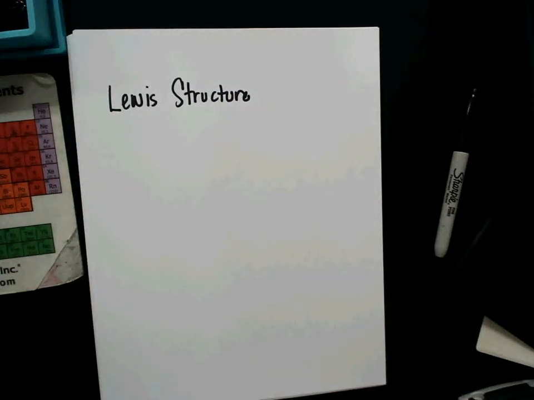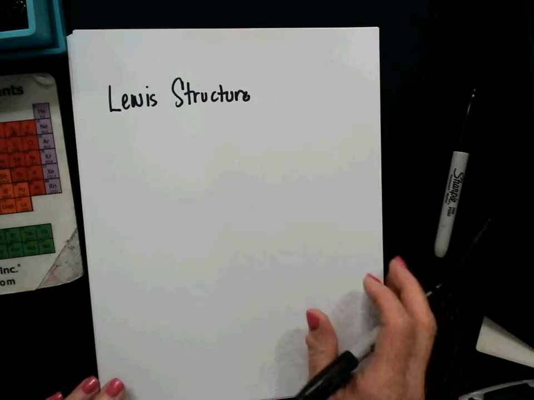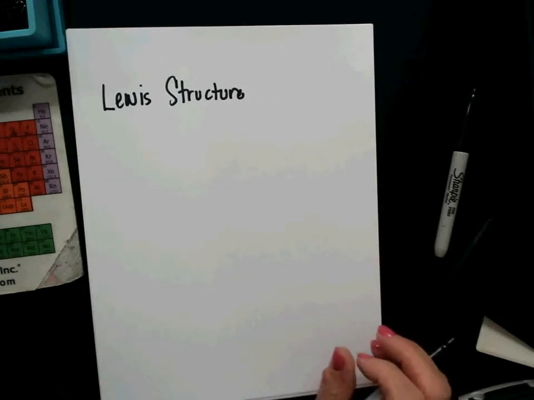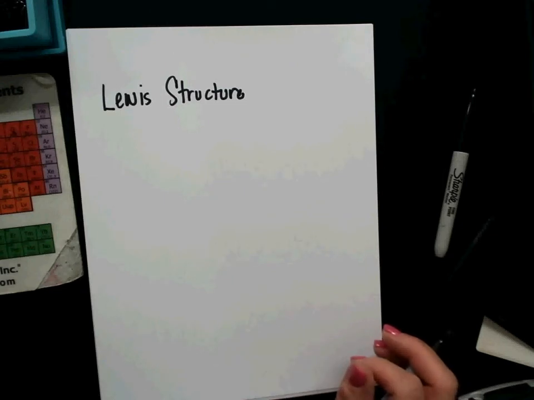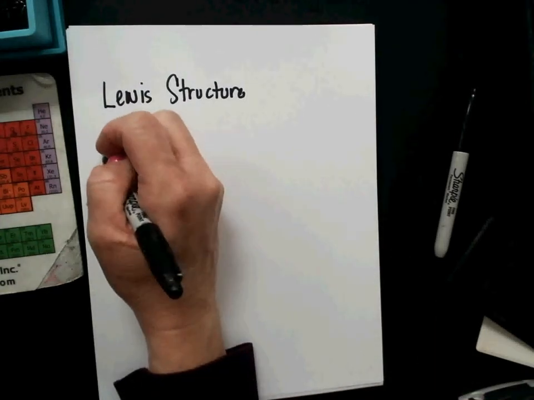If you have a different colored pen or pencil, grab it, because it's kind of nice when you go back to look at this stuff. When we write the Lewis dot structure, we don't worry about the fact that on Earth chlorine has to be a gas and we need 2 of them, because we just want to look at 1 mole of the substance.